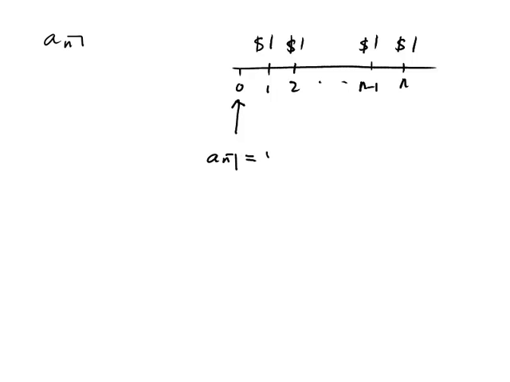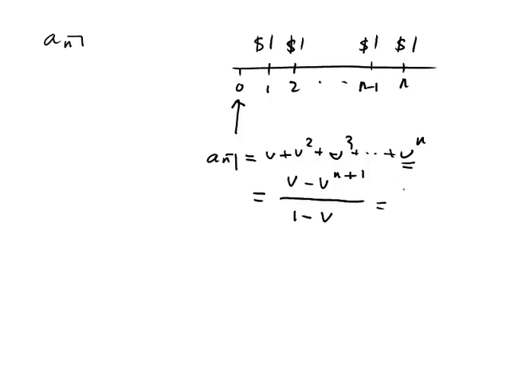This is your a angle n. Here's the V we explained earlier, V squared, V cubed, all the way to V to the nth power. This is a geometric progression. So the sum equals the first term minus the term after the last, divided by 1 minus the common ratio V. Your last term is V to the n, so the term after the last is V to the n plus 1.